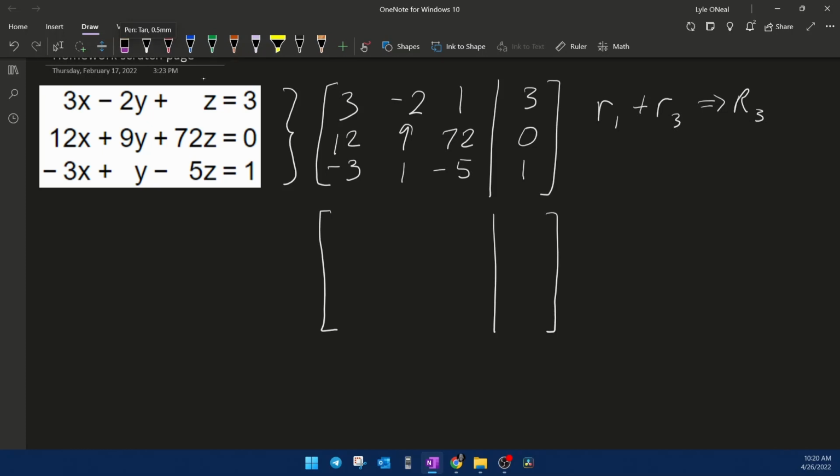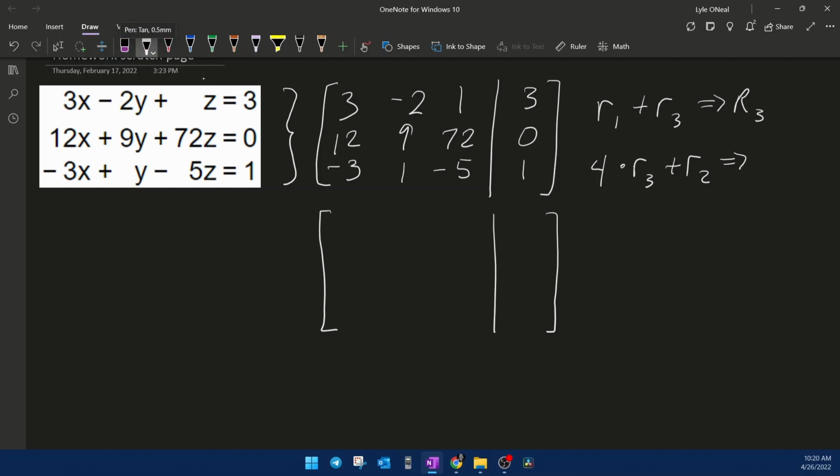I also notice that if I multiply the third row, okay, now hang with me, I know this is unconventional, but if I multiply the third row by 4, -3 times 4 is -12, and then if I add that to row 2, it would get me a 0 where the 12 is, which I need.